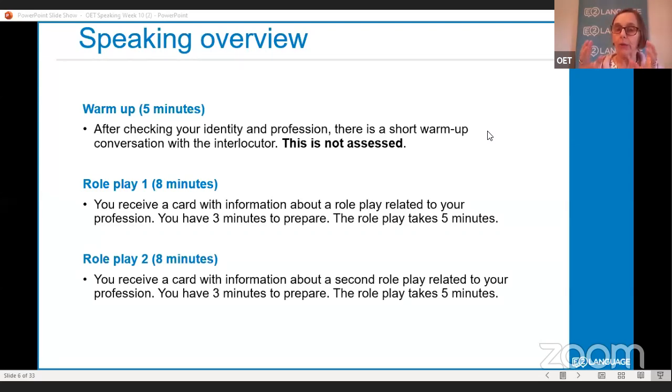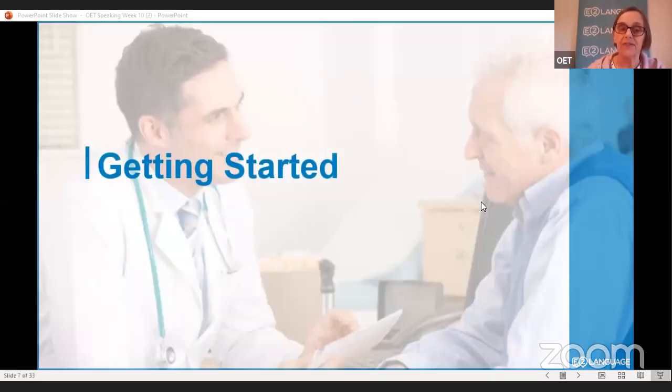In a role play, you are talking to your interlocutor who is playing the role of the patient. You receive a card with information about the role play related to your profession. You have 3 minutes to prepare for that. You can write on it, underline, make notes, and then straight away the role play starts. We'll talk about those sections again in a second.